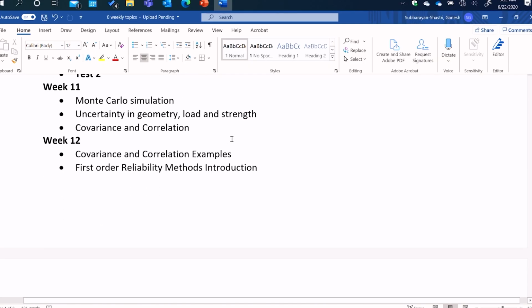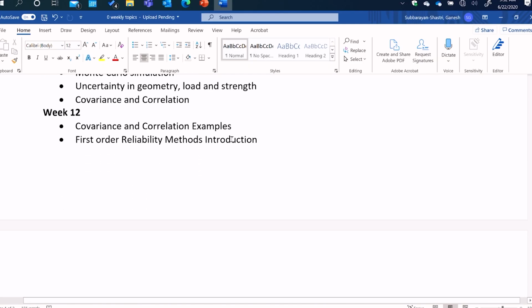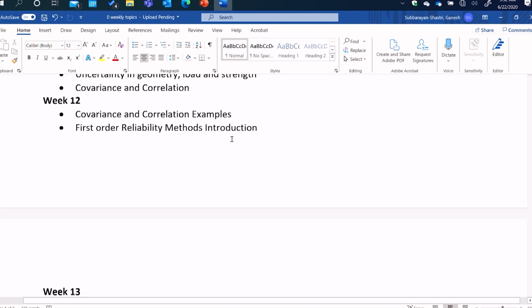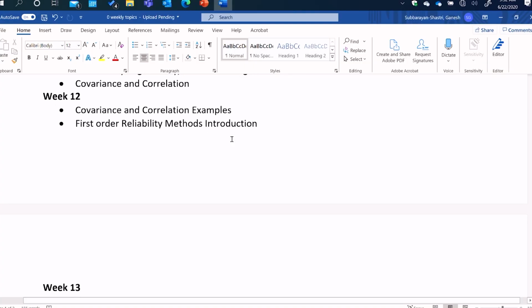And then in week 12, we will learn an alternative technique to Monte Carlo simulation called first-order reliability methods. Monte Carlo simulations we will learn to be very expensive, so the alternative is an approximation that allows us to estimate uncertainty in complex nonlinear functions much more efficiently.